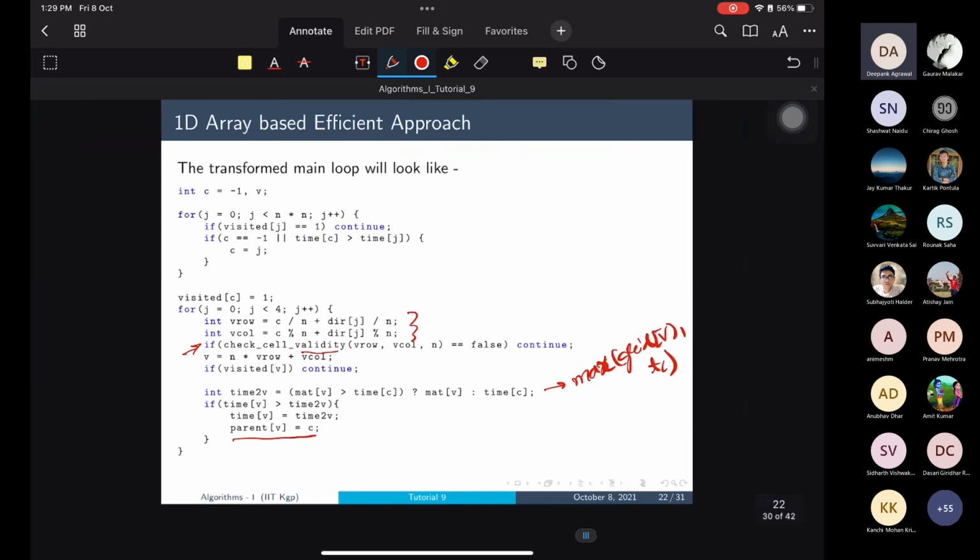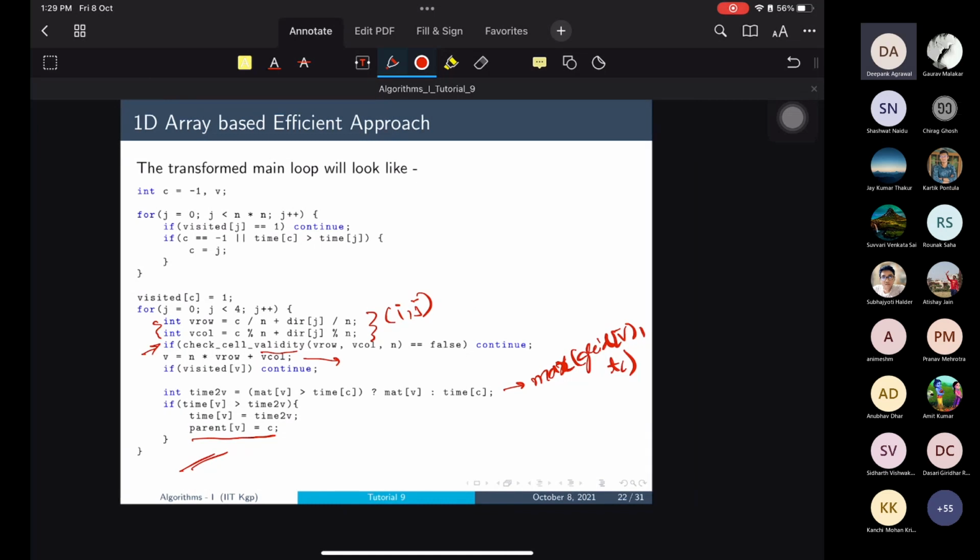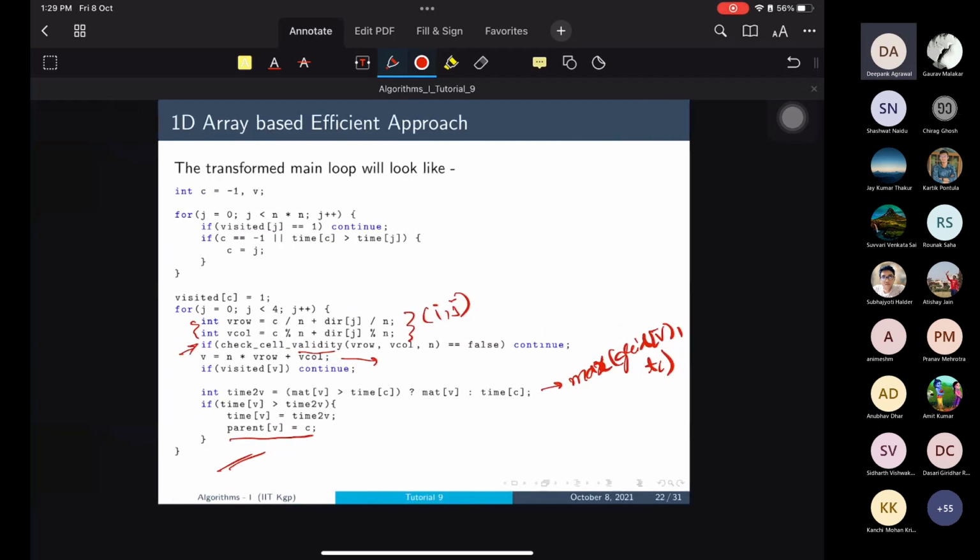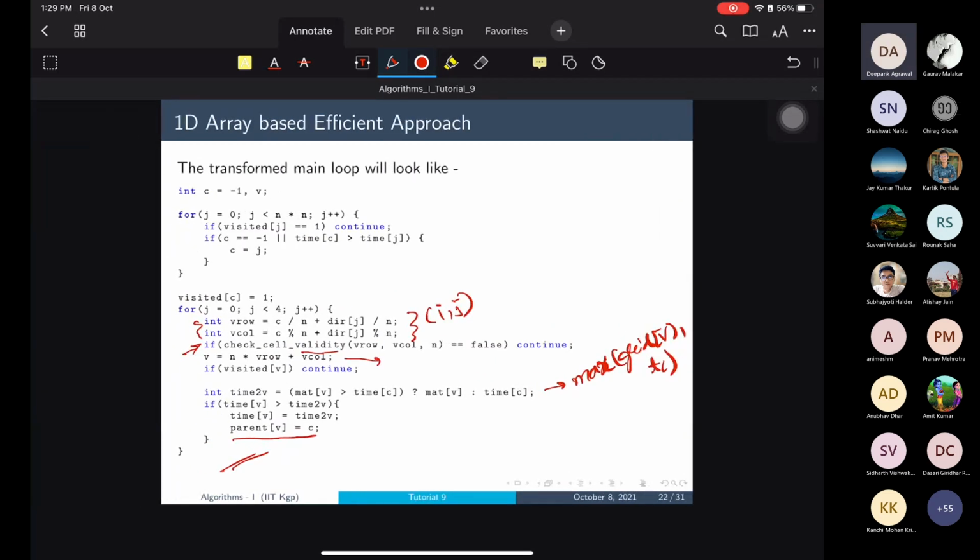So here I first got the i, j, checked its validity, and then got the number representation on the number line. Is this approach also clear to everyone? Yes, sir.